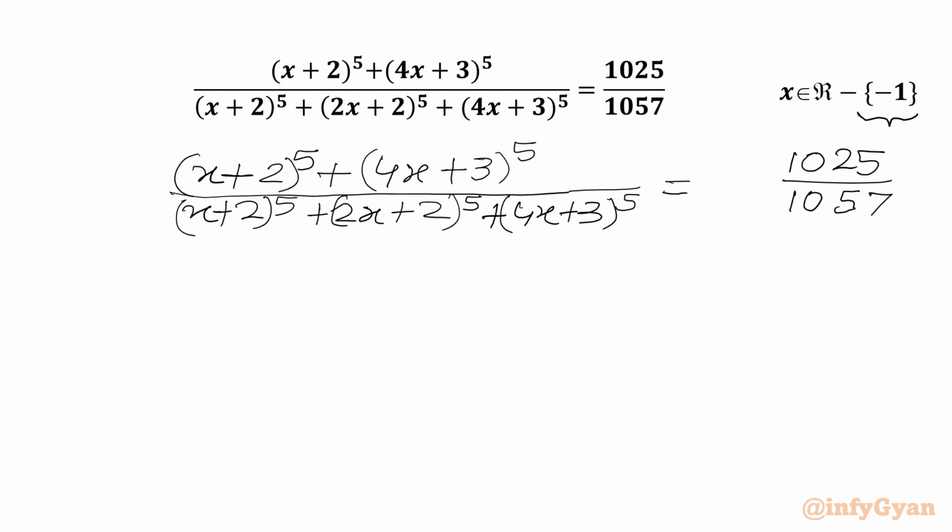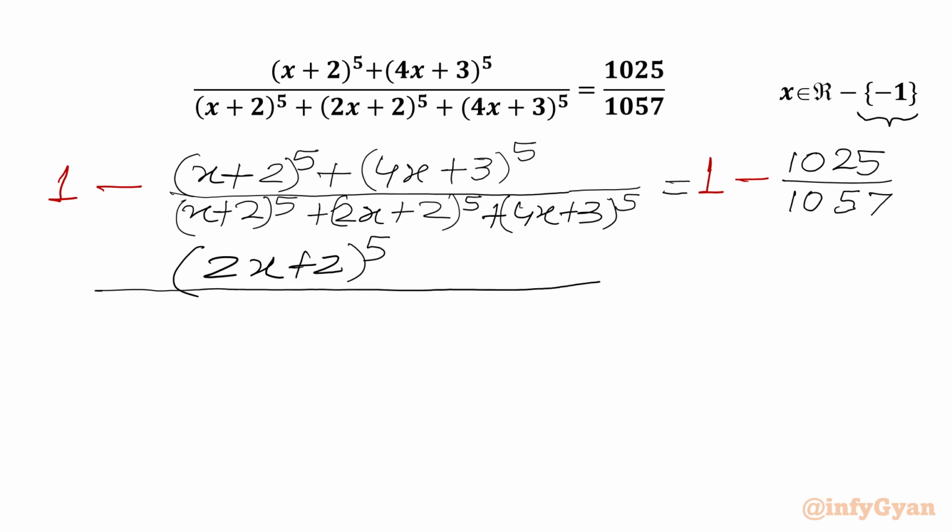Now we are going to subtract both sides from 1. So we are going to write 1 minus, and this side also we will write 1 minus. Now we will take LCM. So we will get the numerator of LHS as (2x plus 2) whole power 5 only. The remaining terms will get over.